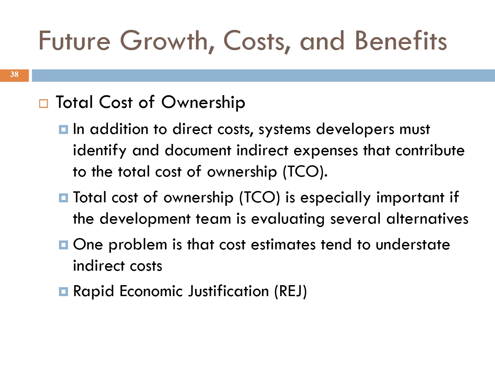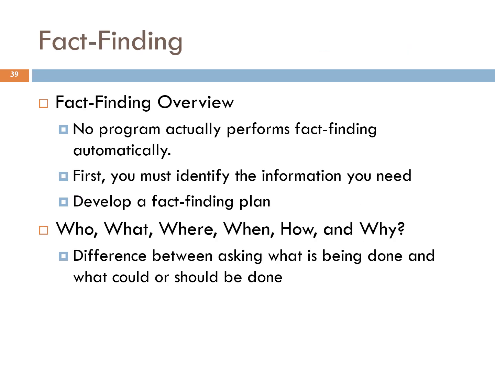One problem is that cost estimates tend to understate indirect costs, meaning that usually the costing is not true to the actual cost. Another issue in TCO is rapid economic justification, REJ, to justify economic growth or changes that impact the system.